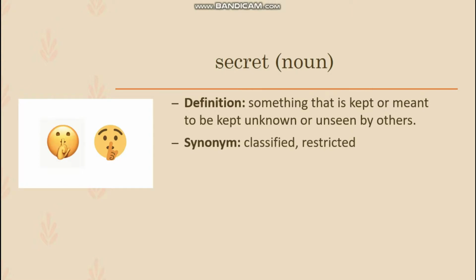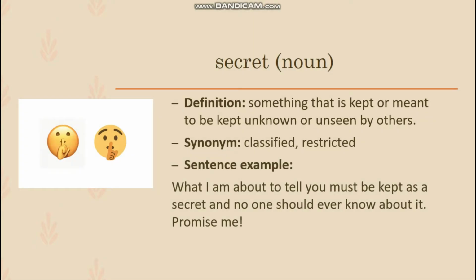Then the last part that we're going to discuss is some sentence examples. Now, after we explained the definition, we have our synonym ready. Here is a sentence example: what I'm about to tell you must be kept as a secret and no one should ever know about it.